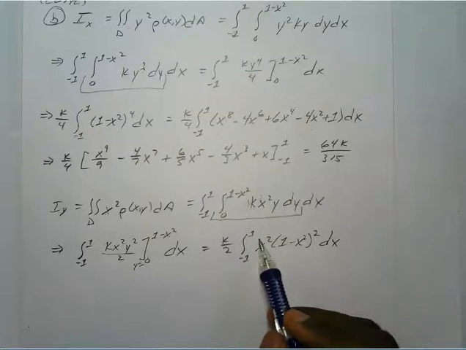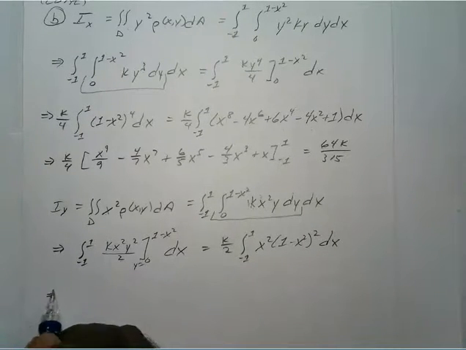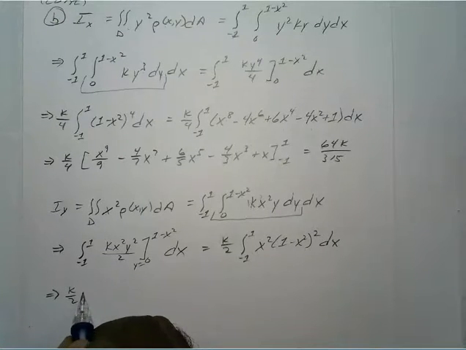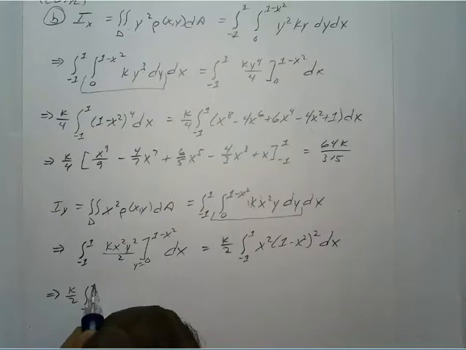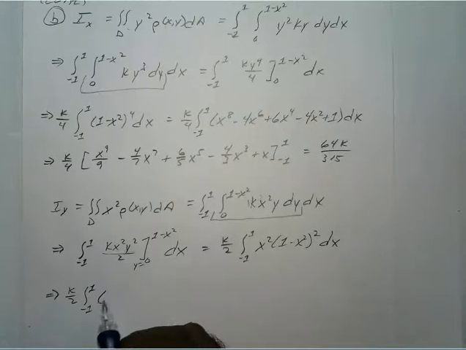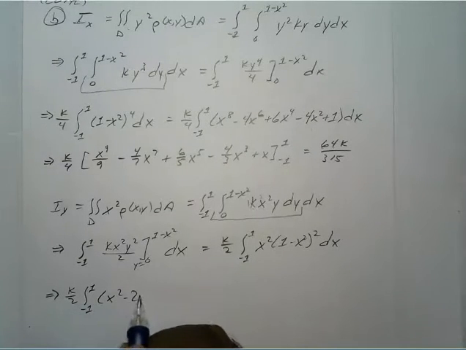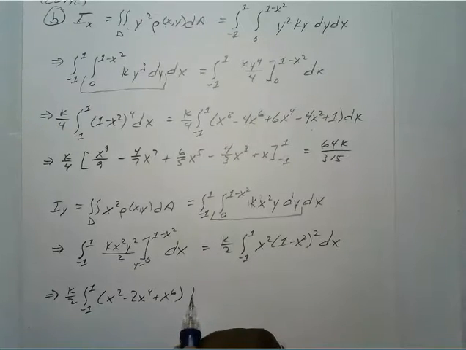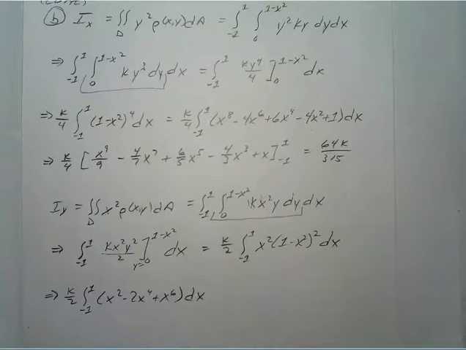We can go ahead and FOIL this one out and distribute the x squared. And that will give us k over 2 times the integral from -1 to 1 of x squared minus 2x to the 4th plus x to the 6th with respect to x.